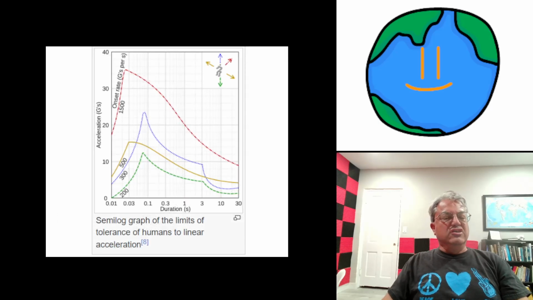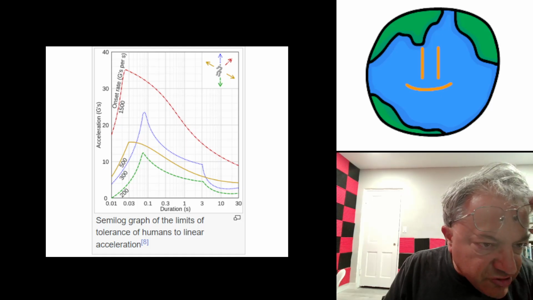And we have to be careful about G forces because the human body can only withstand a limited G force. These graphs show you how many G's a typical person can withstand.